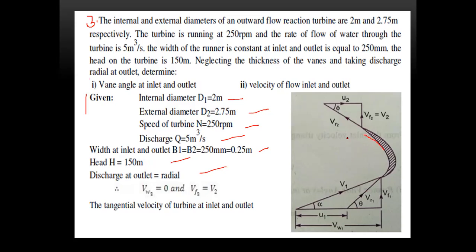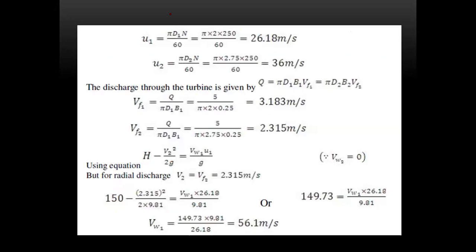Now, based upon that, what is the initial velocity? u1 is equal to pi D N by 60. As usual, you know that u2 is equal to pi D N by 60, and it comes to 36 meters per second. The discharge to the turbine is given by Q equals pi D B Vf, that is the continuity equation.